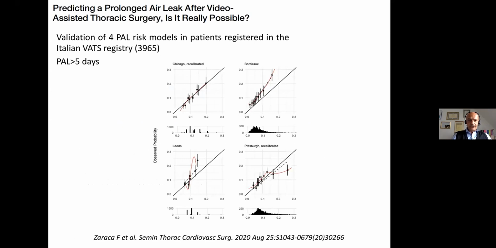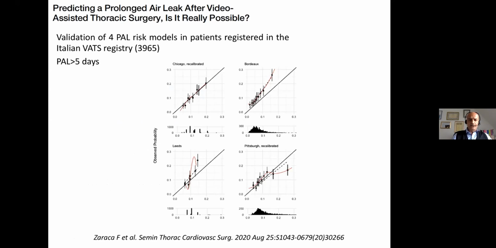And I would like to also show this paper, which is basically a validation of 4 of the several risk models we have seen before in patients registered in the Italian VATS group registry. The PAL definition was 5 days.